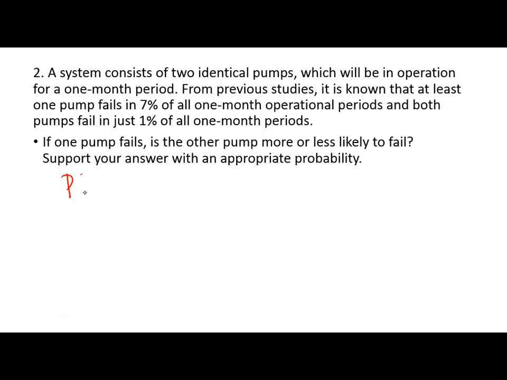So I want to know the probability that, let's say, the second pump fails, given that the first pump failed. And then I want to know if that's more or less. So I want to know how this compares to just the probability that a single pump fails. So is it greater than? Is it less than? Is it equal to?